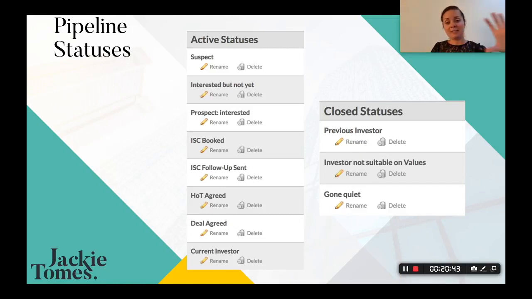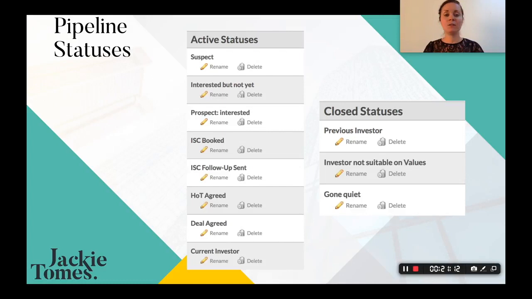So this is how the whole process interplays with the system. Because this really is the system, and how we then work with that is the process that sits around it, and what happens within each of these stages for someone to be able to progress to the next one. So if you haven't got anything like this set up yet, I recommend you leverage these statuses that we've come up with, and get them set up in your own pipeline in Lesson Knowing CRM.